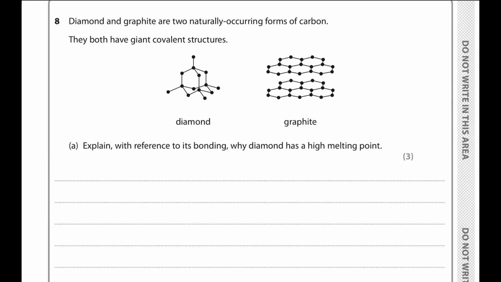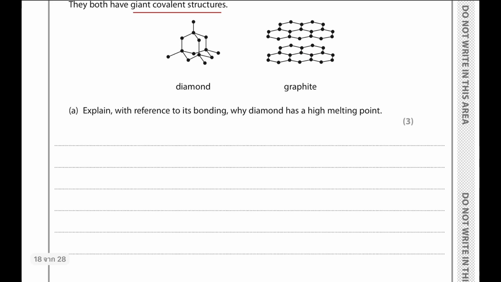Question 8. Diamond and graphite are 2 naturally occurring forms of carbon. They both have giant covalent structure. So question A. Explain with reference to its bonding why diamond has a high melting point. So the first one is covalent bonds are strong.